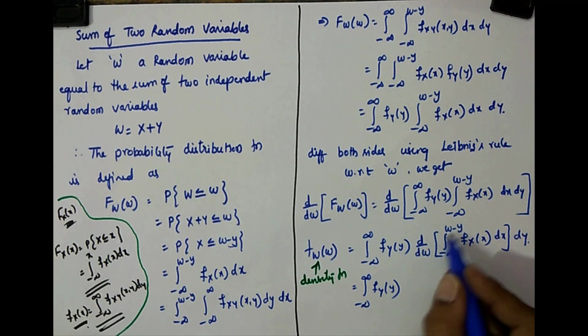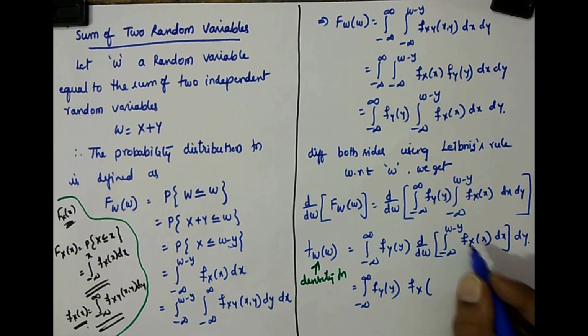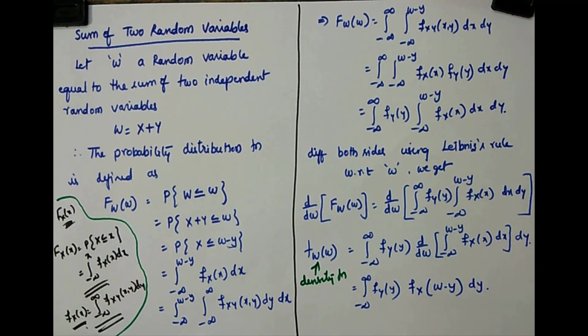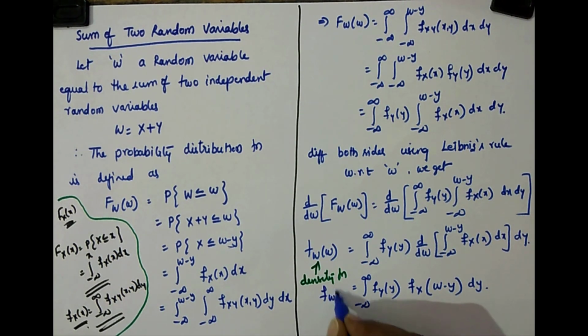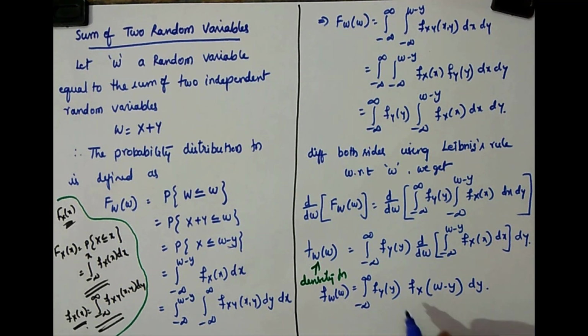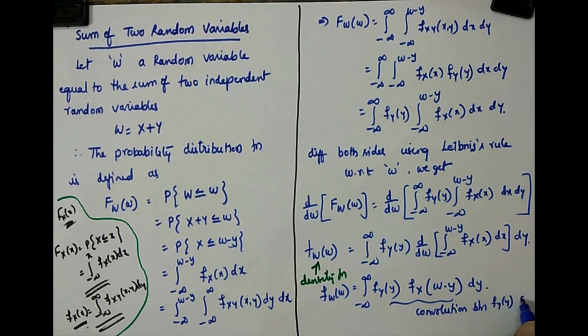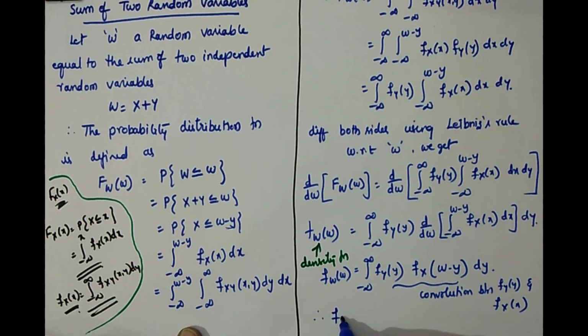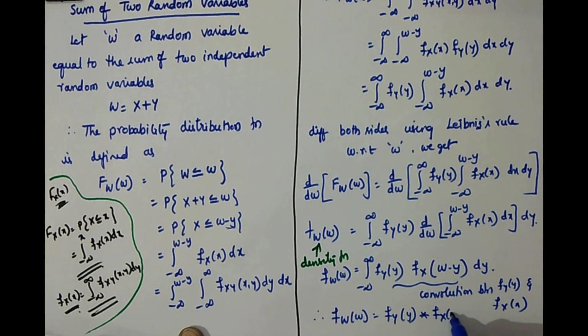By applying Leibniz's rule it becomes simply fx of w minus y dy. What is this? fw of w. If you observe it carefully, it is nothing but the convolution between fy of y and fx of x. Therefore, fw of w equals fy of y convolved with fx of x.